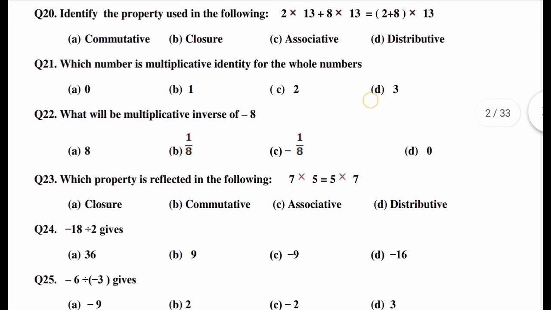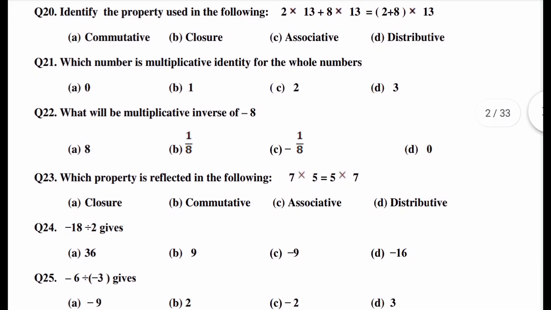Question number 20. Identify the property used in the following. Here you have been given one equation and you have to identify which property is used here. So we observe this equation: 2 multiplied by 13 plus 8 multiplied by 13.